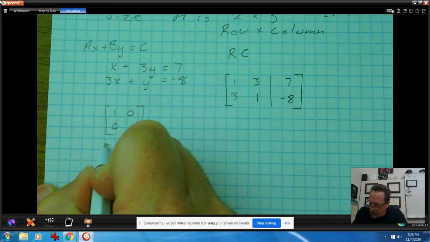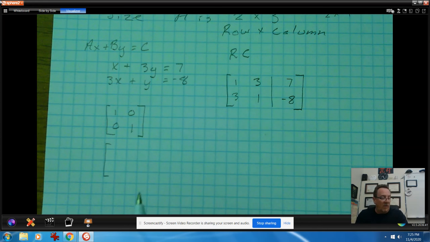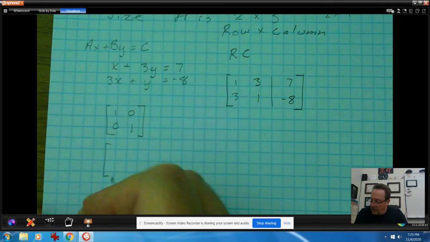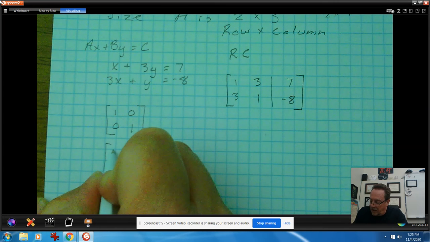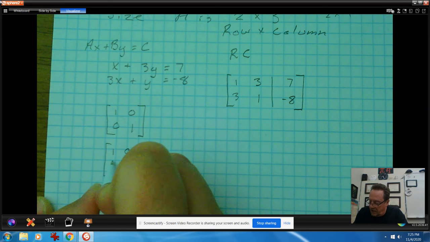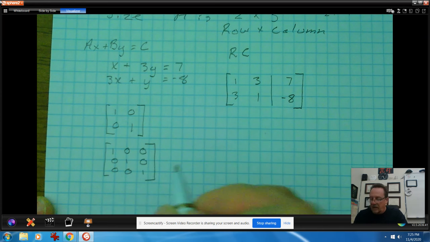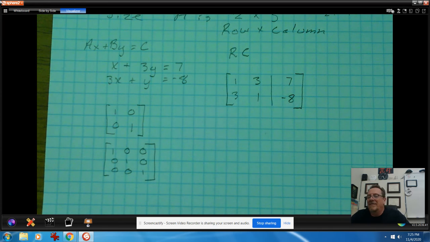Let's suppose that I had a 3x3, and I'm not going to ask you to do any 3x3s. We could do 3x3s. This is where they would start to come in handy. But the identity matrix for a 3x3 would look like this. That would be called the identity matrix.